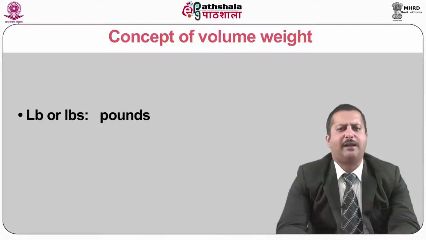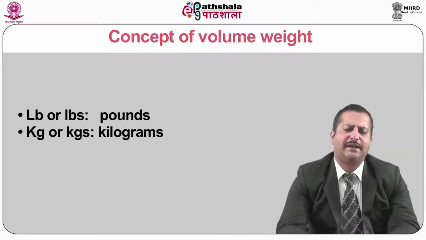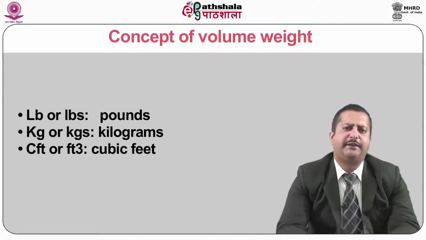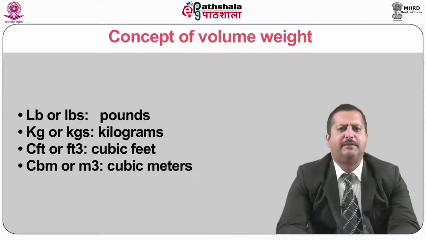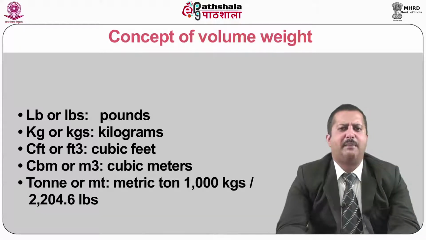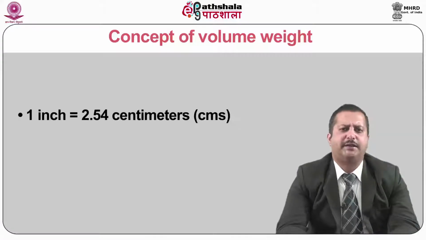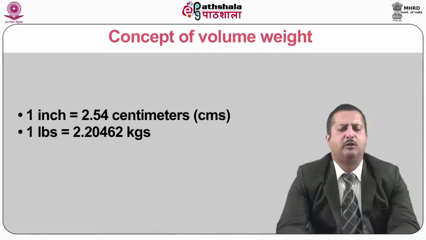LB or LBs means pounds, kg or kgs means kilograms, CFT or feet cube means cubic feet, CBM or meter cube means cubic meter, ton or MT means metric ton, 1000 kgs, which is 2204.6 pounds. Basic conversions: 1 inch is equal to 2.54 centimeters. 1 pound is equal to 2.20462 kgs.